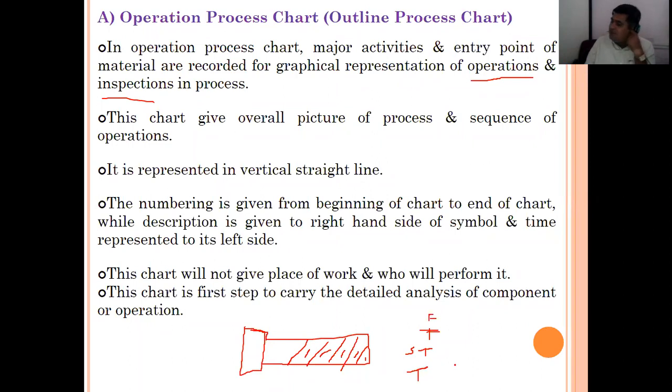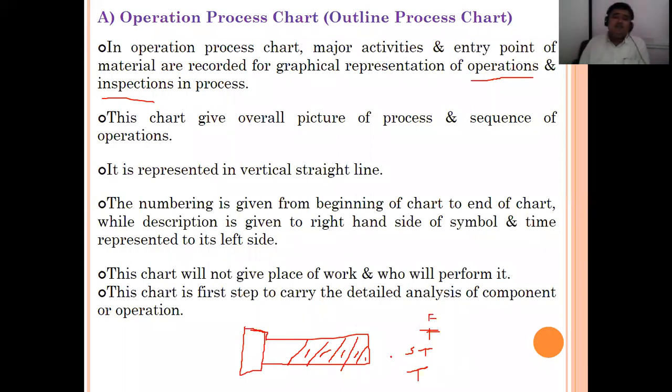Can anybody tell me? Why will threading be at last? Why is threading not at the start? Because we maintain both diameters, both head diameter and tail. Okay.